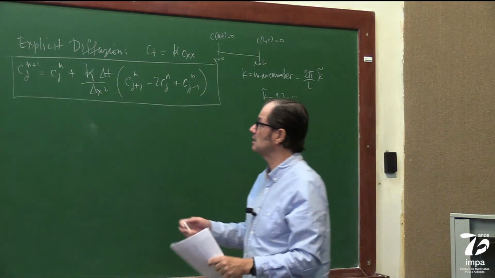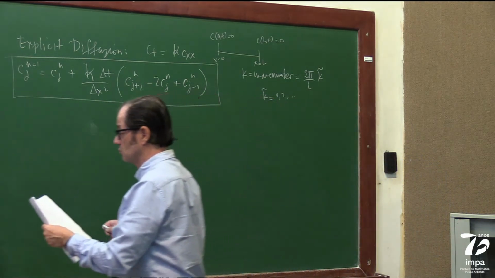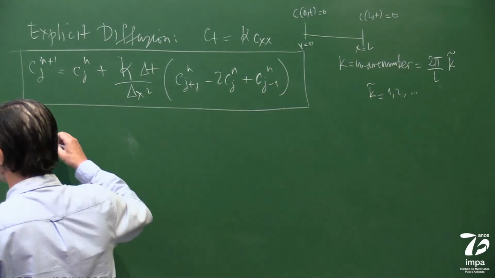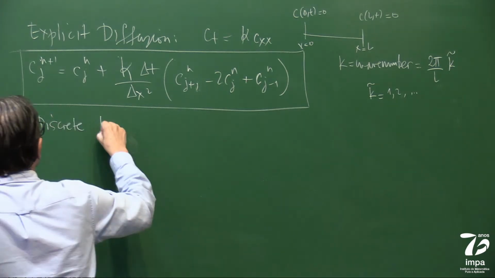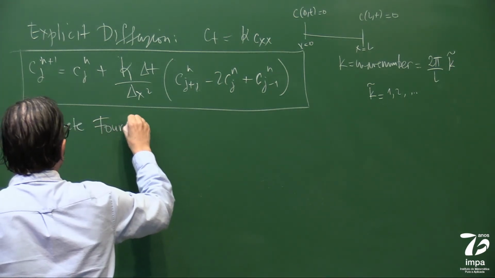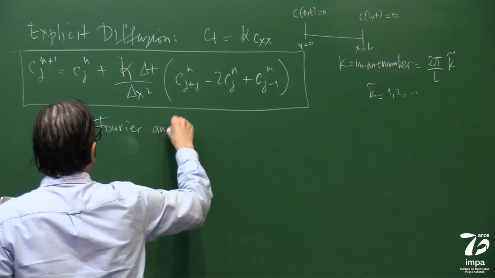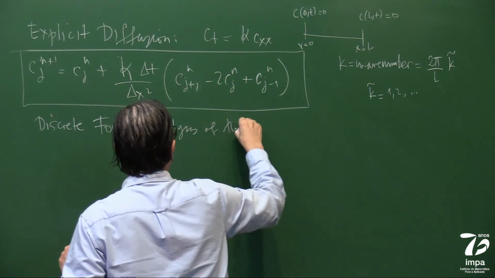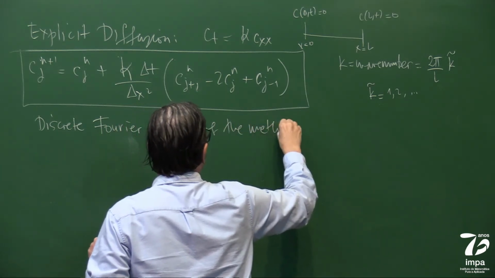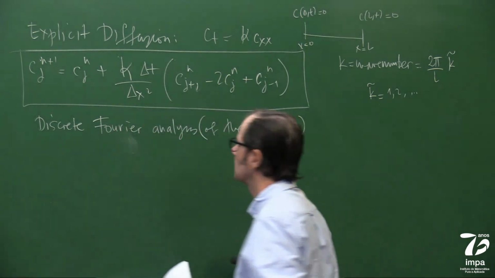So the nice thing to do here, which we can do many times, is a discrete Fourier analysis of the method.